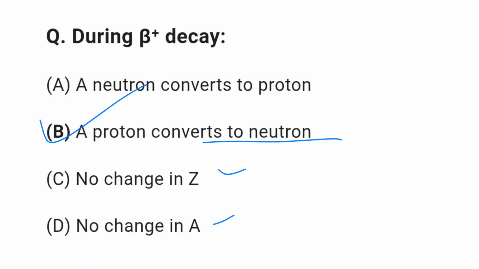So inside the nucleus, protons and neutrons live together. Sometimes the balance is wrong. To fix that balance, a neutron can change into proton, or proton can change into neutron. This change is called beta decay. So there are two types of beta decay: beta minus decay and beta plus decay.